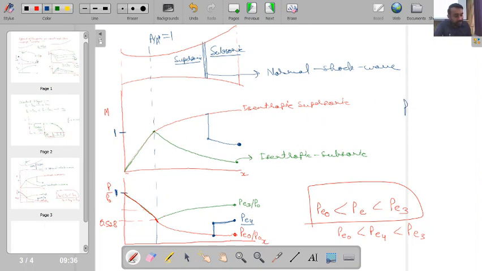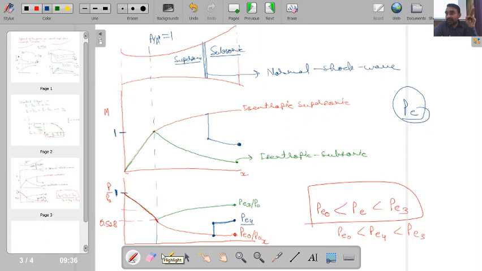Depending upon how much back pressure we are supplying from the end, the location of the shock wave shifts. Is this point clear, or do I need to redraw this diagram? Okay, if it is clear, then it's fine.